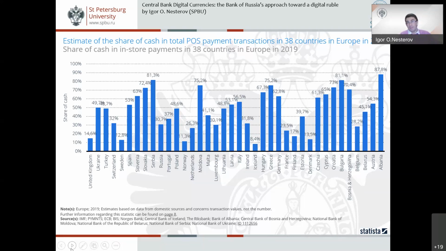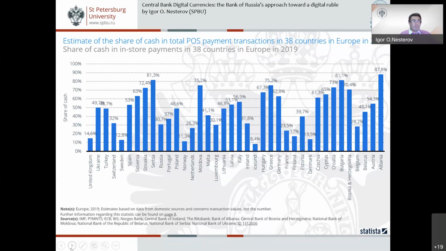So again, cash is disappearing, and central bank accounts are not available for the general public. As a result, central bank money in a couple of years would be no longer accessible for the general public.